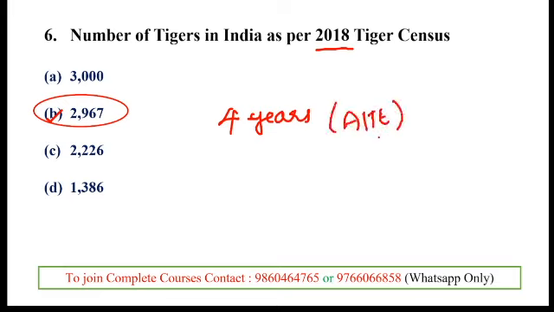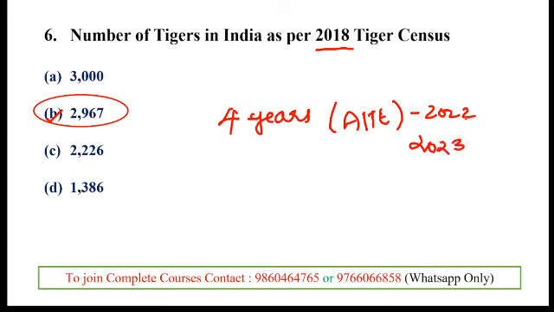The latest All India Tiger Estimation, AITE, was conducted in 2022. So the last census was in 2018 and the current census is 2022, and its report is scheduled to be released this year, 2023.